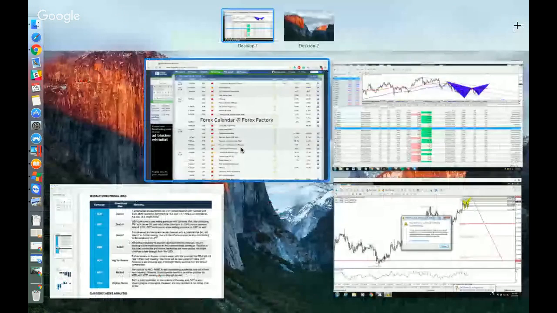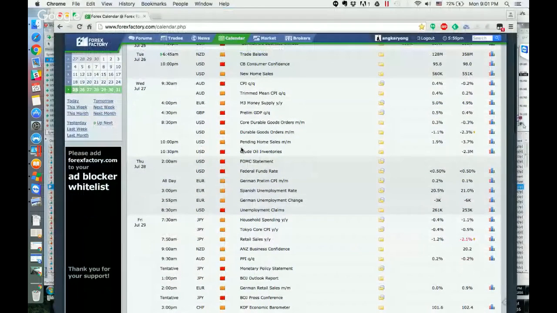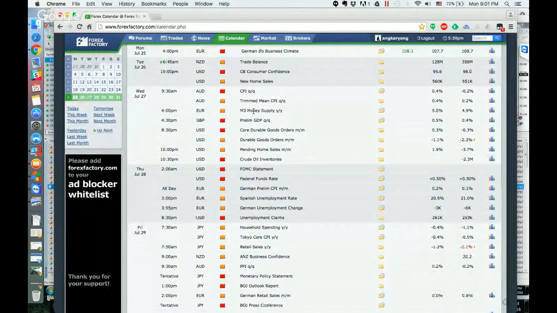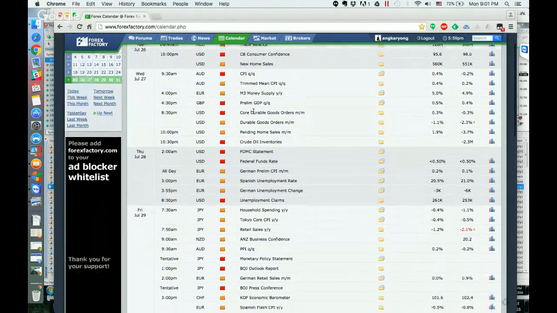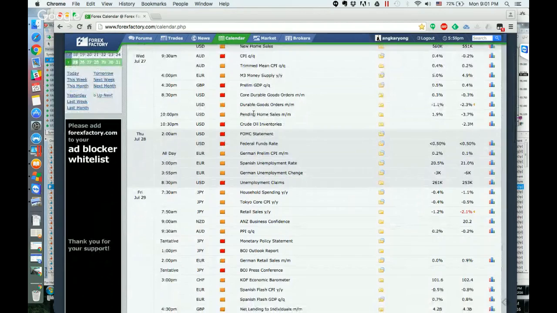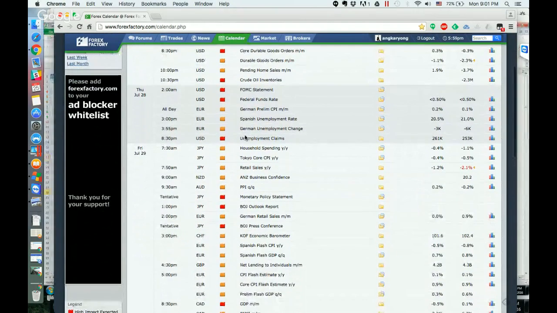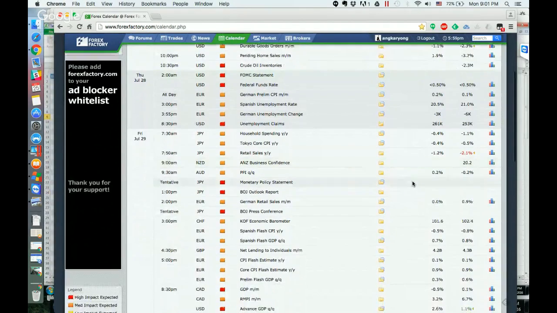If not, then just be aware of what's happening this week. There'll be one event on Wednesday, which is your Aussie CPI coming out at 9:30. Just be aware of that. Followed by Thursday 2 a.m., you have FOMC, and then of course on Friday you have BOJ. So these are the few things you need to be aware of.